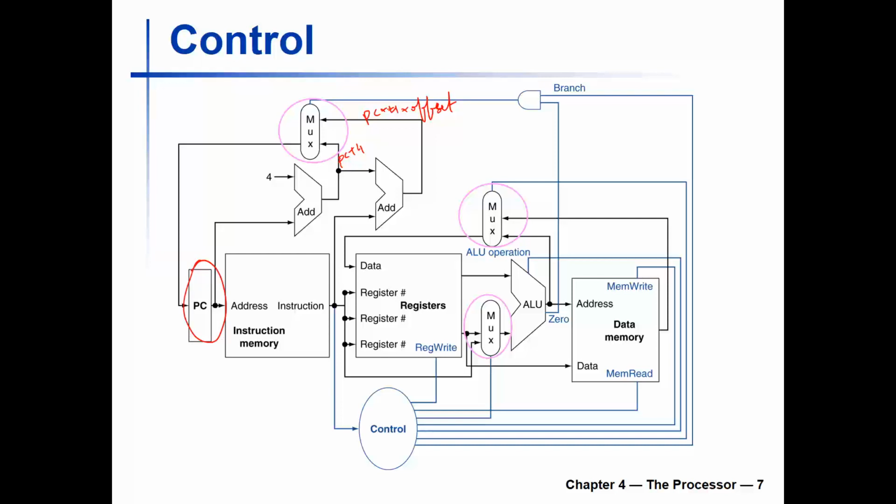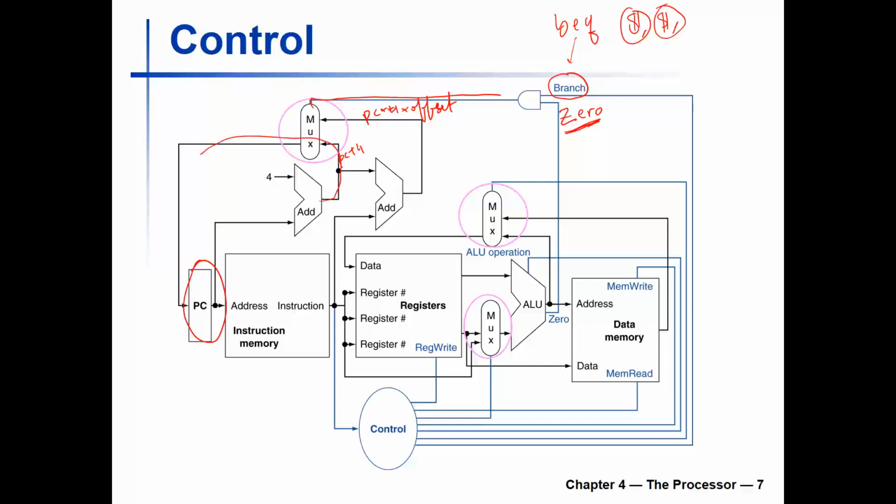Well, what's the select for this multiplexer? If I have a branch instruction and it is accompanied by the zero flag, because typically when I say branch if equal, I compare two registers and they are equal, basically the zero flag, and I have a branch instruction, then I need to select PC plus 4 plus offset.